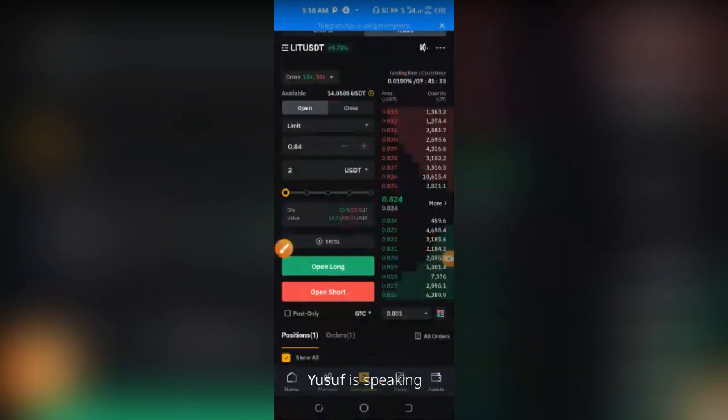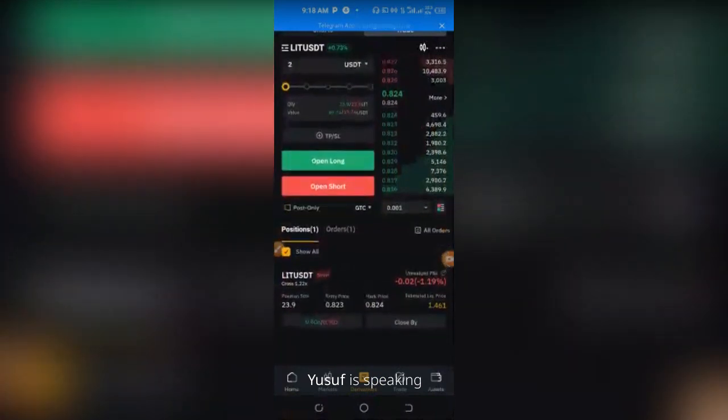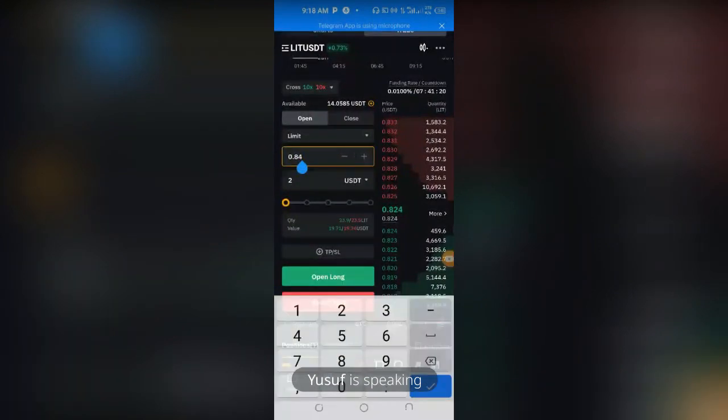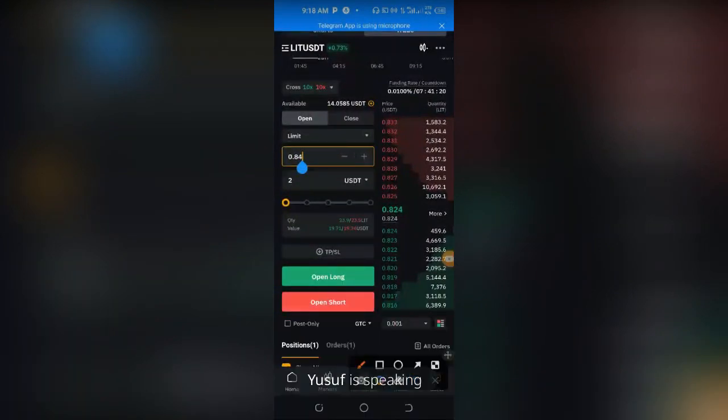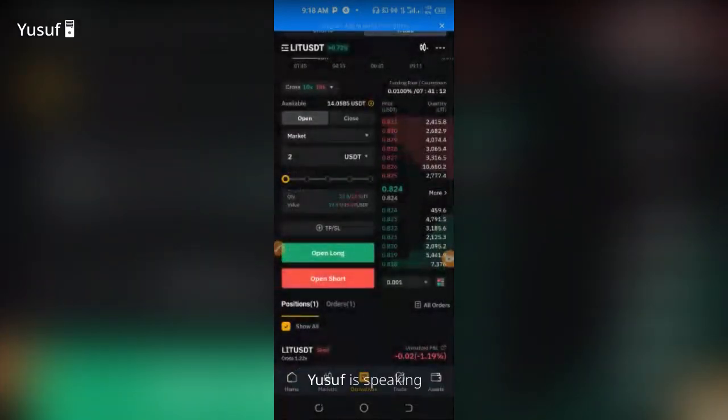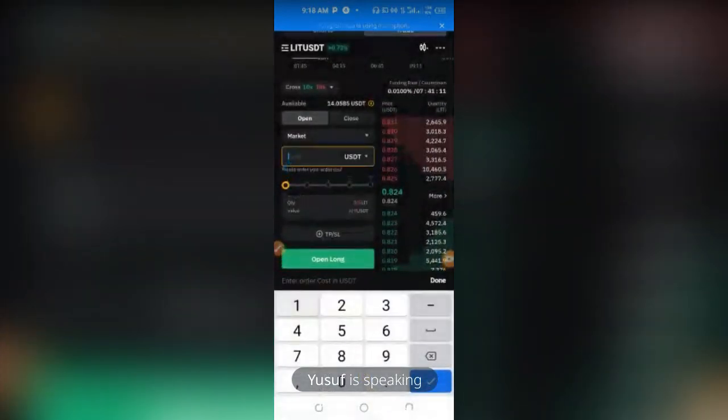Now, let's say I want to long LIT. I want to buy at the current price. The first thing to do is change this limit to market. Then how much do I want to use from my money here?